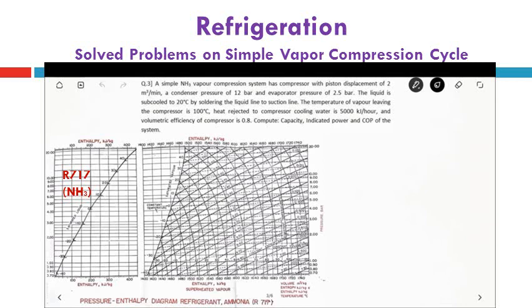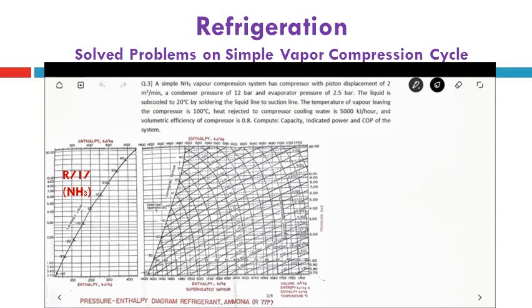Problem 3, using R717, which is NH3. A simple NH3 vapor compression system has a compressor with a piston displacement of 2 meter cube per minute, a condenser pressure of 12 bar and an evaporator pressure of 2.5 bar. The liquid is subcooled to 20 degrees Celsius by heat exchange between the liquid line and the suction line.